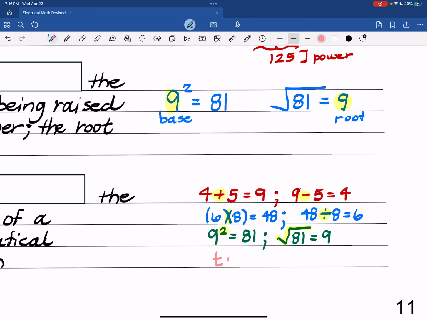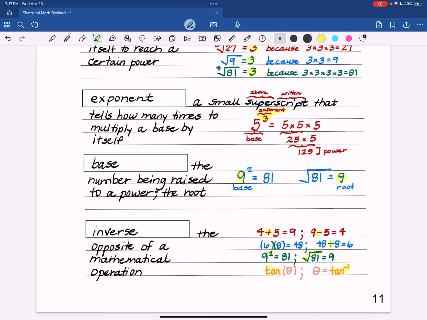The tangent of theta has an inverse, so that theta is the inverse of tangent. That's another set of inverses. And again, right now it won't make sense, but it will down the line. So tangent and inverse tangent are inverses. So think opposite when you see inverse.